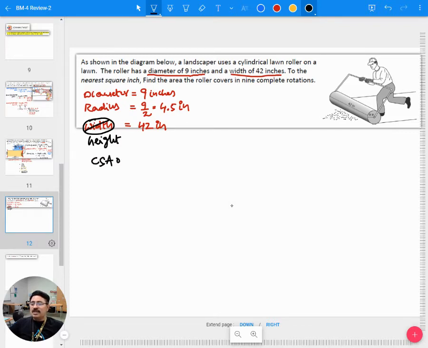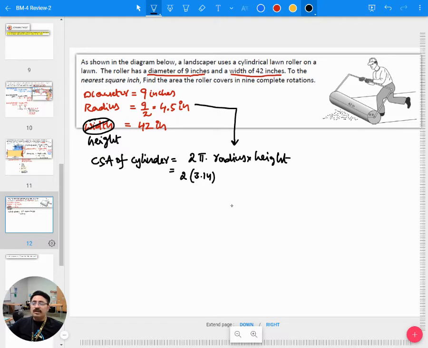So, the CSA of a cylinder. Please remember, this is in the shape of a cylinder. The formula, as I mentioned in my previous session, is 2 pi times radius times height, 2 pi r h. 2 times pi, which is 3.14, times the radius, which is 4.5, times the height, which is 42 inches.